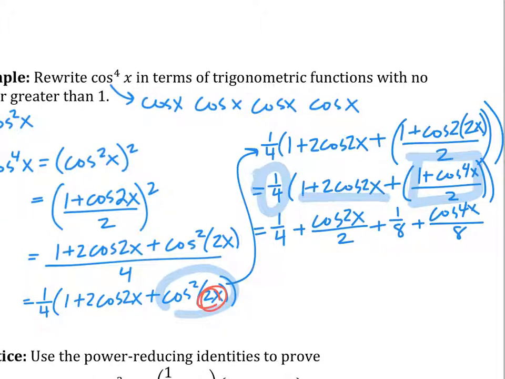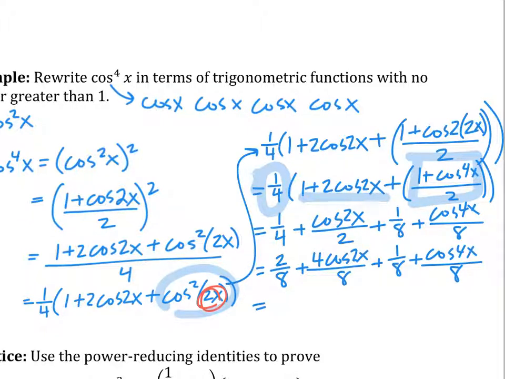All right, now they're all fractions. I need to make sure that they have a common denominator, which is going to be 8. So this becomes 2 over 8, this becomes 4 cosine 2x over 8, plus 1/8, plus cosine 4x over 8.